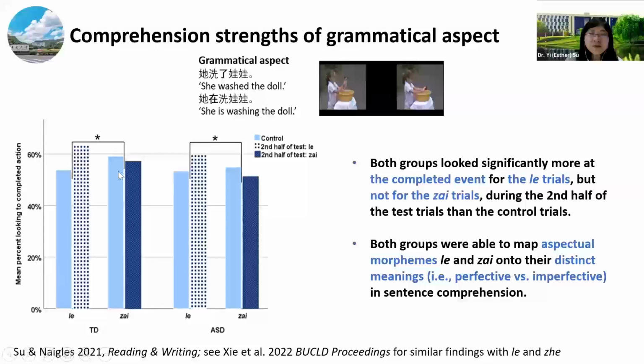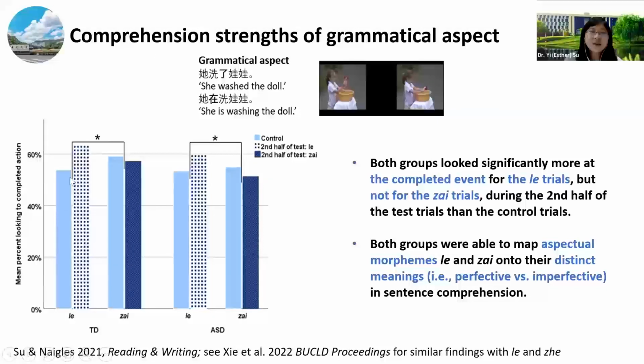We also find differences between the looking patterns to the completed events. So when they hear these two audios, one with Le and the other with Zai, both groups were able to map aspectual morphemes Le and Zai onto their distinct meanings.